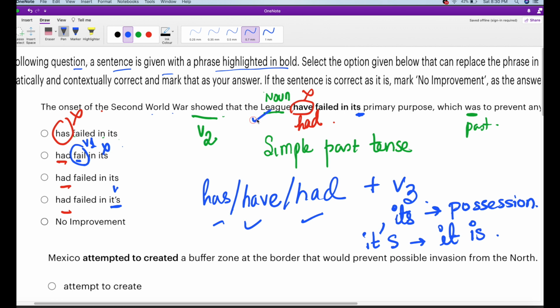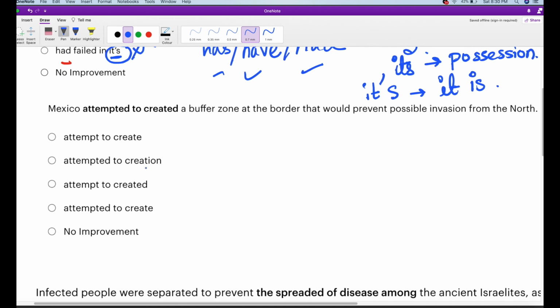Whose primary purpose? Primary purpose of the league. So a possession is there, possession of the league regarding the primary purpose, right? So here it is wrong. So the right answer is option C, had failed in its attempt. Okay, now let's move to the next question.